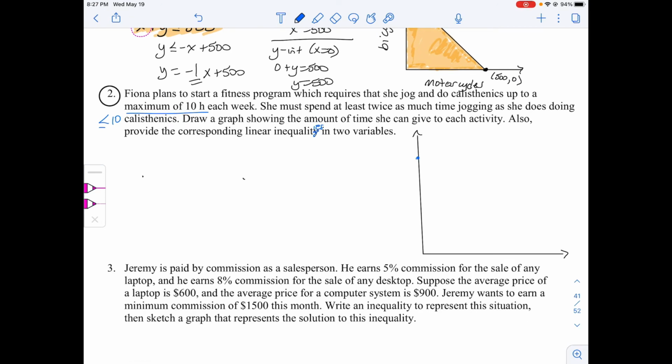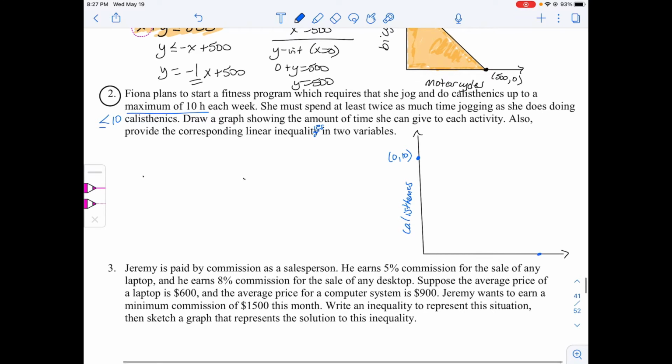So if she decides to do calisthenics for the entire 10 hours, she would spend no time jogging and 10 hours doing calisthenics. If she decides to do 10 hours of jogging, she would do no hours of calisthenics. So there our inequality would look something like that.